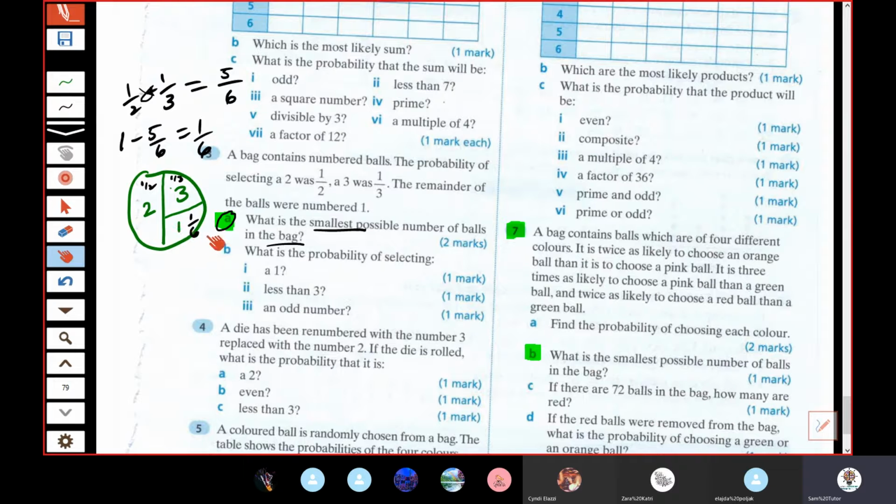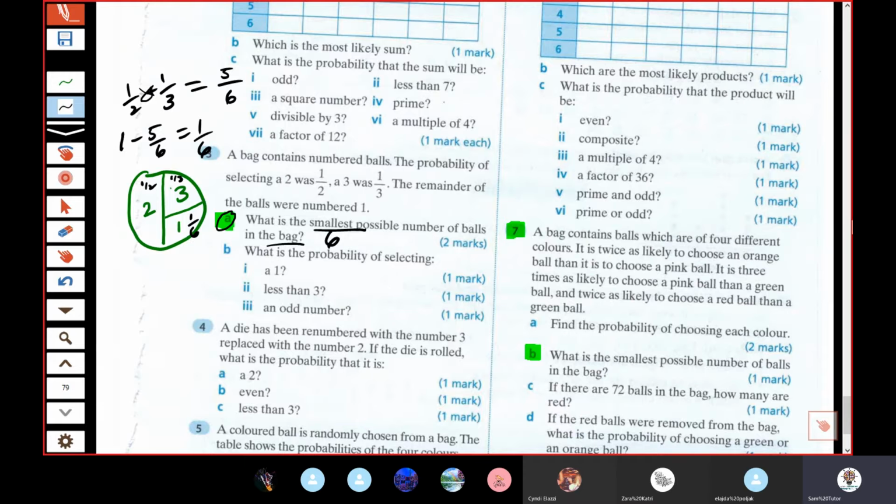It can only be 6. Does that make sense? If you said there were 4 balls in the bag, then half of them can still be 2. But can you see you can't get a third of 4? And you can't get 1/6 of 4 as a whole number. That wouldn't work. So therefore the smallest number of possible balls in the bag would be 6.